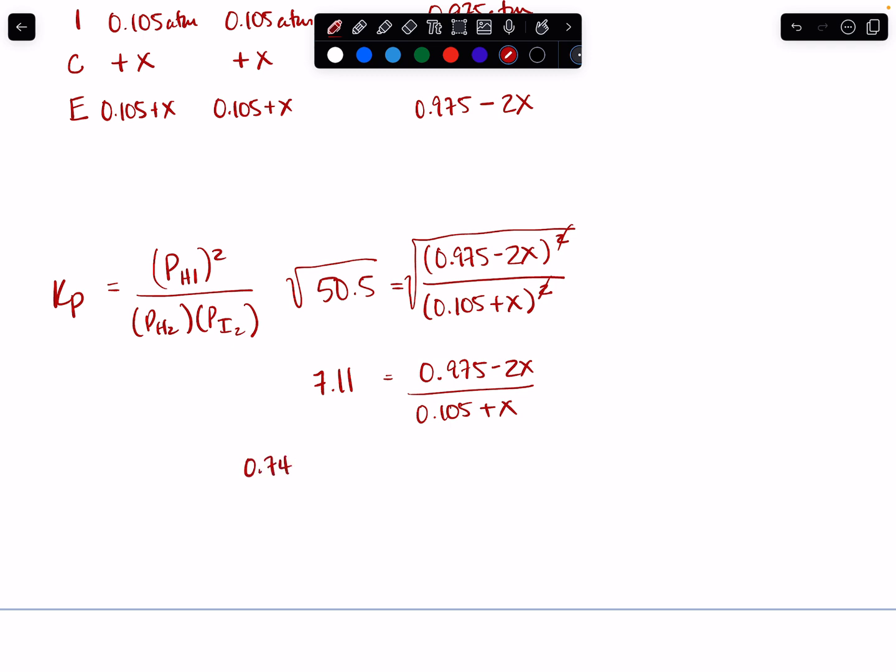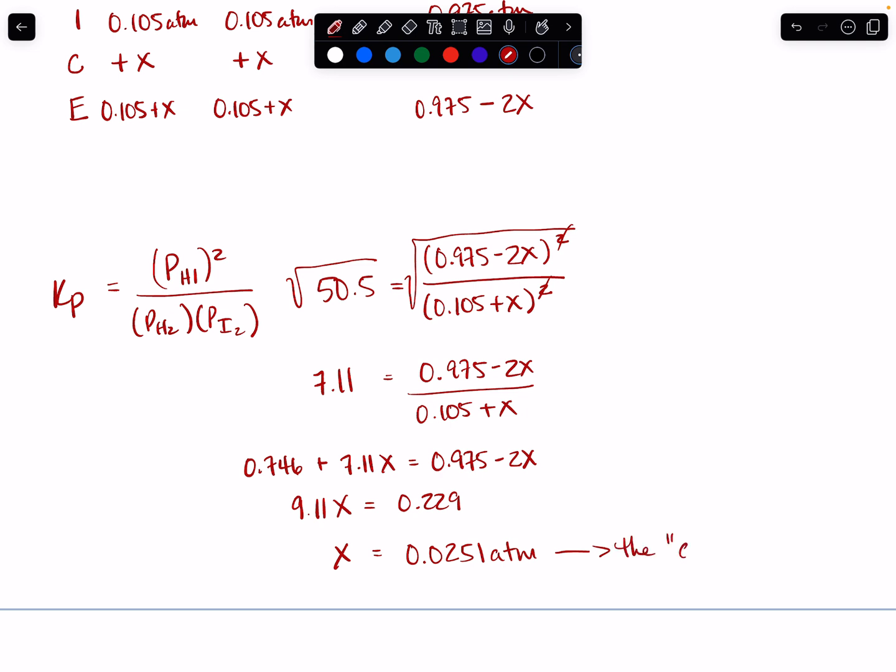We end up with 0.746 plus 7.11x equal to 0.975 minus 2x. All right, then we need to isolate x. All right, we're going to get 9.11x equal to 0.229. And then we're going to divide both sides by 9.11. So we're going to get 0.0251 atm. And this is the change.